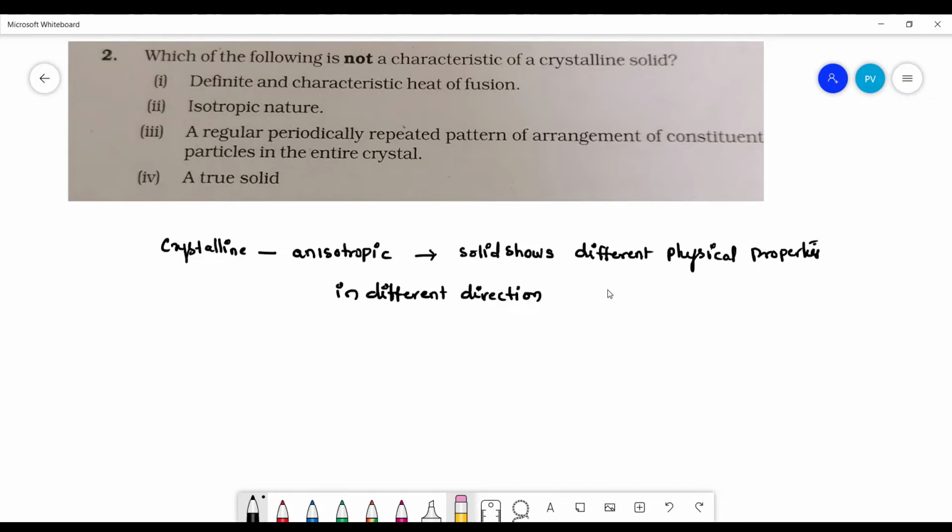Anisotropic means a solid shows different physical properties in different directions.